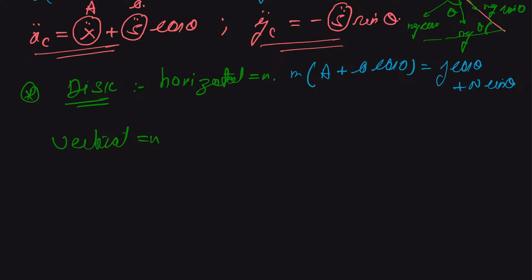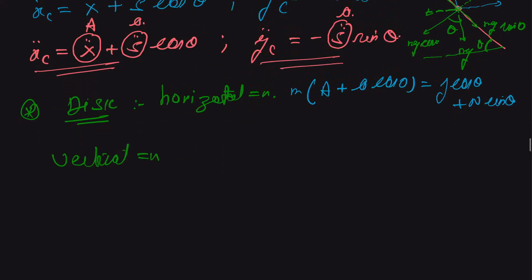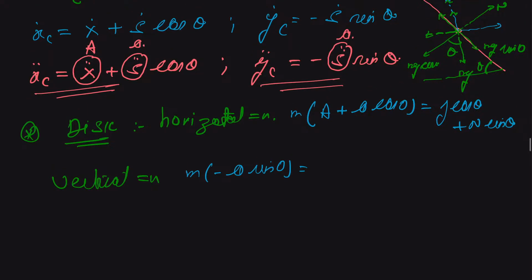The vertical equation will give us m times minus a sine of theta will be equal to minus F sine of theta plus N cos of theta, and this will be minus mg.